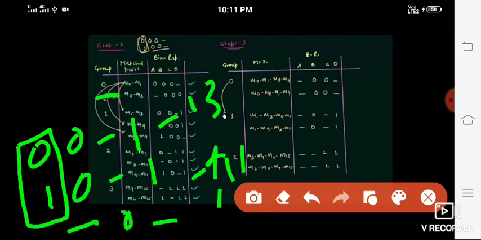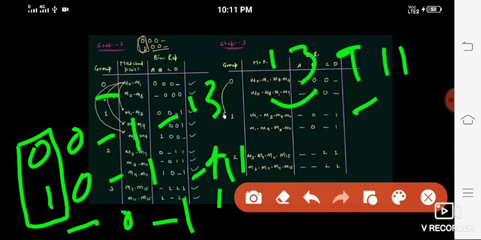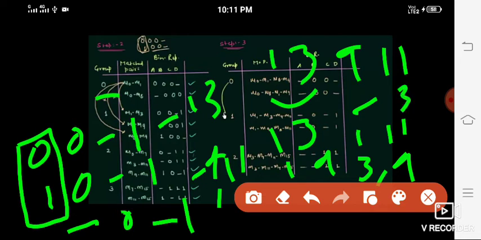Underscore 0 underscore 1, we are writing underscore 0 underscore 1. Here how many possible conditions are there? I will tell you. 1 3 9 11. Here 1 3 are there, 1 9 are there, 1 11 are there, 3 9 are there, 3 11 are there, 9 11 are there.